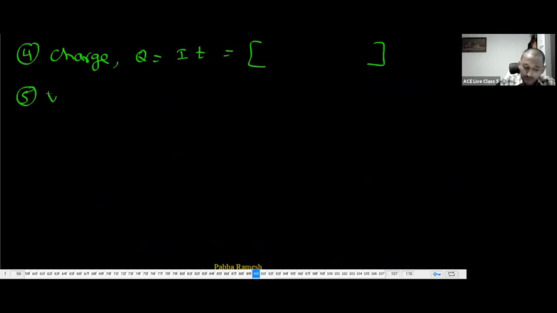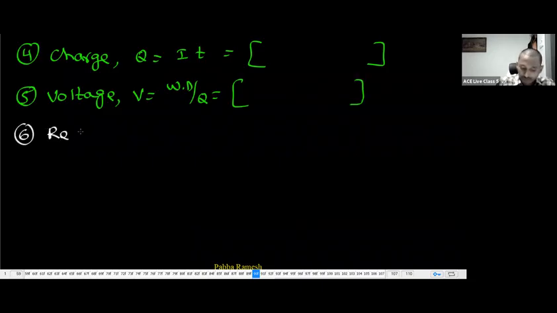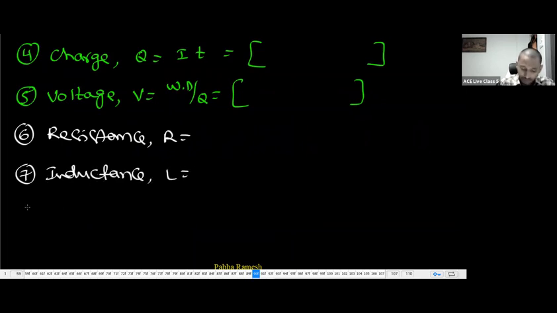And fifth one, voltage: V is equal to work done by charge. Work done you know, charge also you know. And sixth one, same thing: resistance R is equal to, inductance L is equal to, capacitance C is equal to.